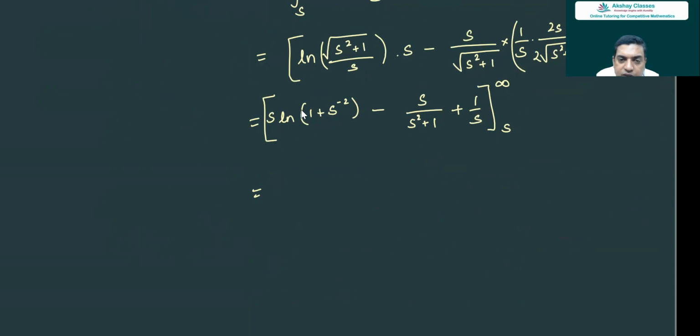So applying the limit, this is infinity into log 1, 0. Of course, using L'Hospital's rule and all, you can show that this is 0 minus s log of 1 plus s to the power minus 2.